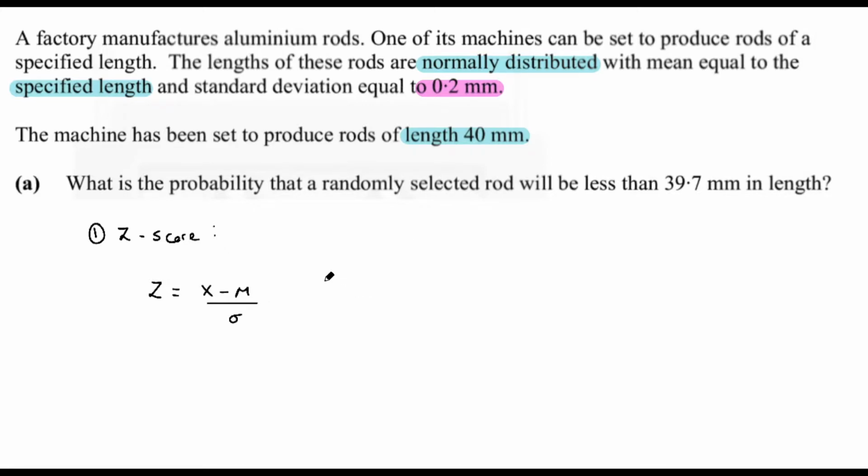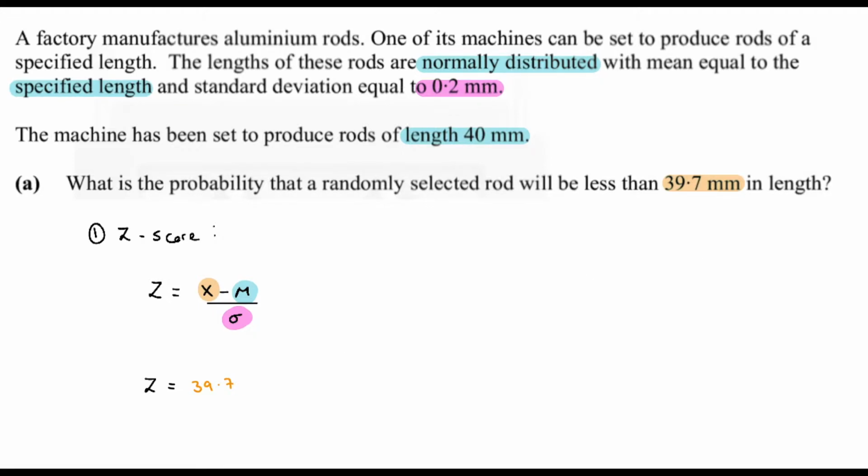Now these are all values that we have and we've been given in the question, so writing them out and filling in the values that we know, we have our x is our variable, which in this case is 39.7, and our mean, which is going to be 40, and finally our sigma, our standard deviation, is 0.2. So we can fill those out into the formula now, once we've identified what each one means.